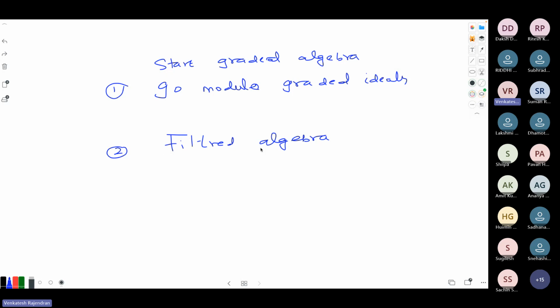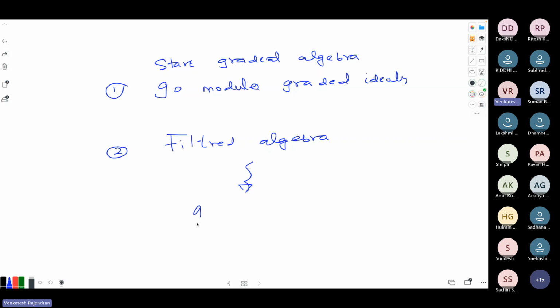So you start with a filtered algebra, and you can consider the graded algebra associated with it. Using that procedure, you can produce a graded algebra.